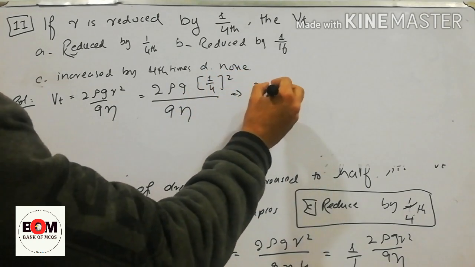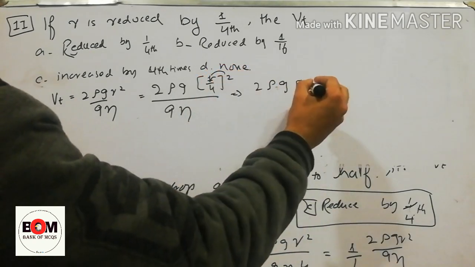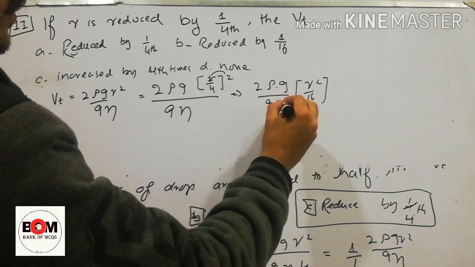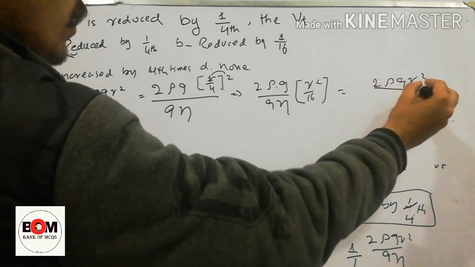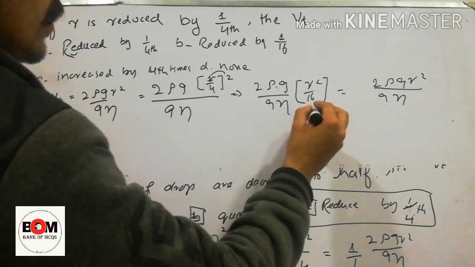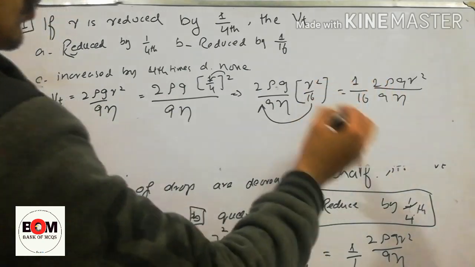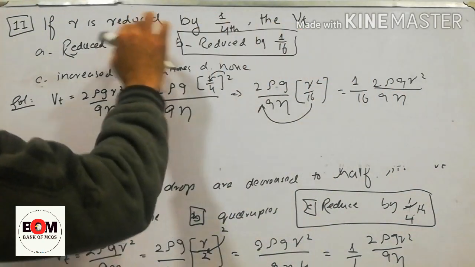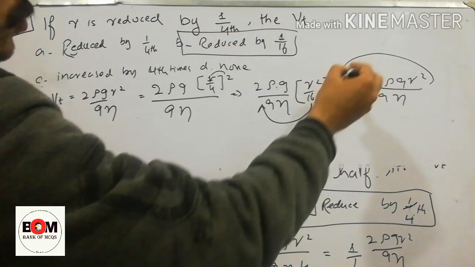Further solving it, 2ρg r² divided by 16 times 9η. So 2ρgr² divided by 9η, writing in front, it will become 1/16. So option B is correct. Whenever the r is reduced to 1/4, the terminal velocity will decrease by 1/16.